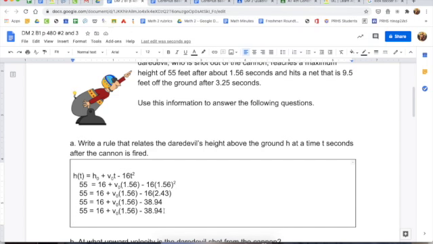On my calculator, I'm doing 16 minus 38.94, and that's negative 22.94. So I've now combined the 16 and the 38.94 with subtraction, and I've got negative 22.94.